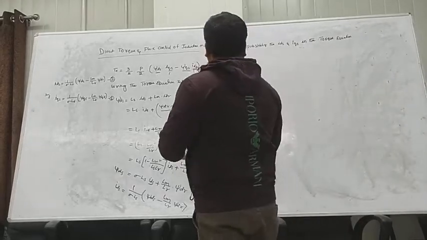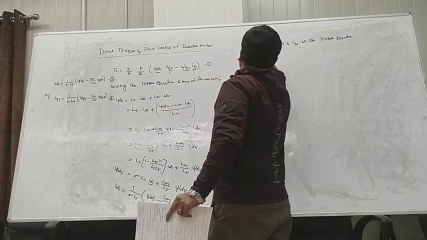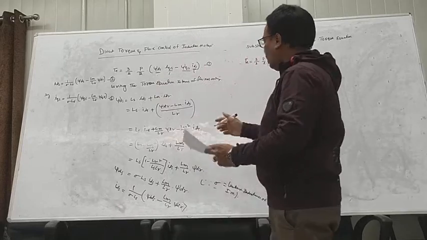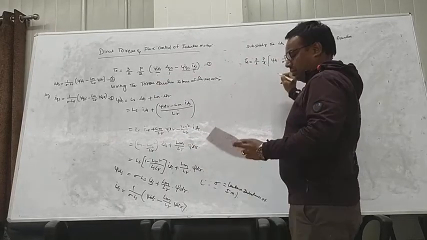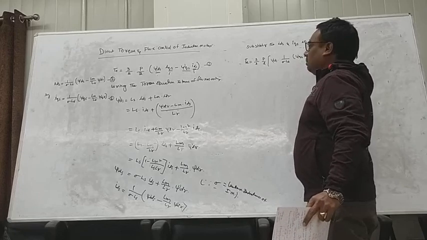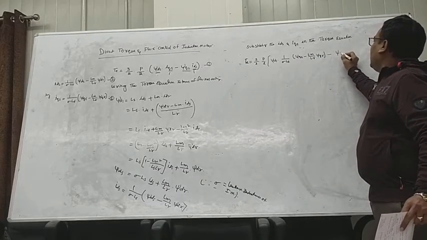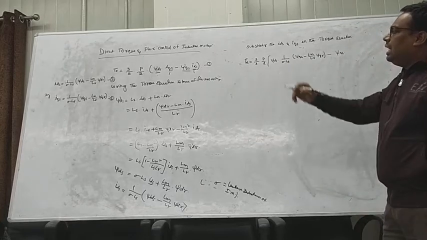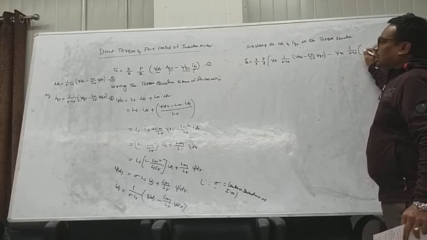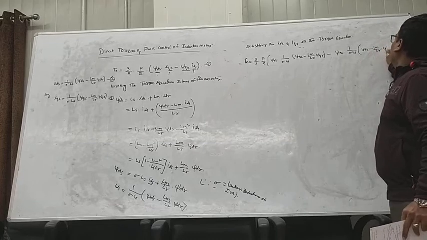So the torque equation is equal to 3 by 2 into P by 2 into psi ds, into IQS, which is 1 by sigma Ls into psi qs minus Lm by Lr psi qr, minus psi qs into IDS value, that is 1 by sigma Ls into psi ds minus Lm by Lr into psi dr.